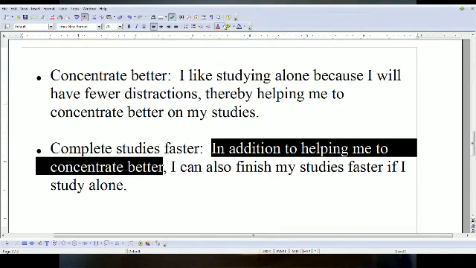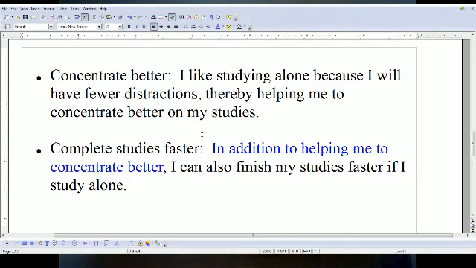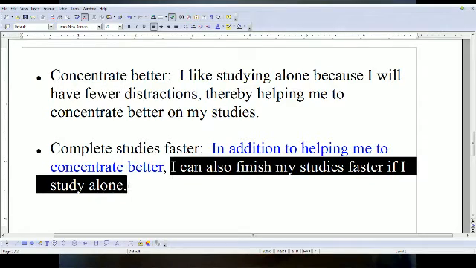So let's make this blue. So in addition to helping me concentrate better, I can also finish my studies faster if I study alone. And then at that point, you give an example. Now let's make this part red.